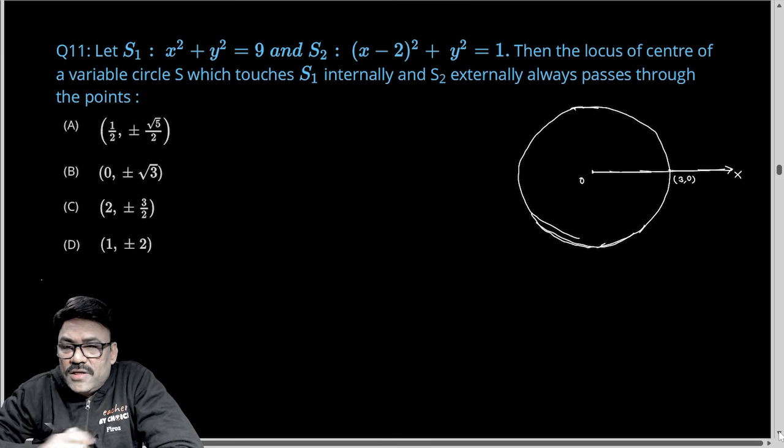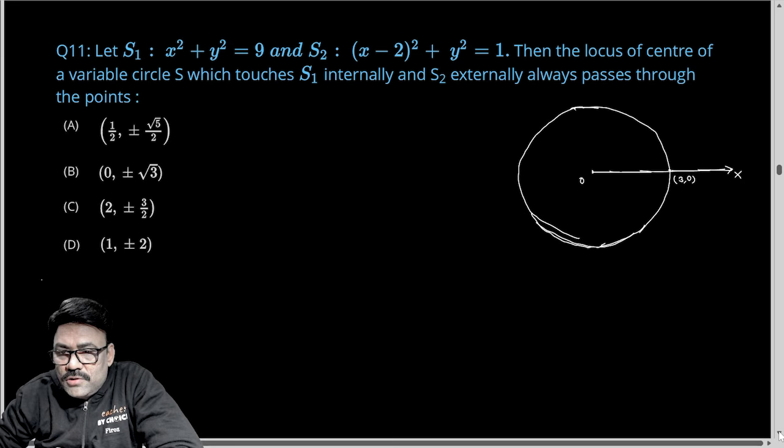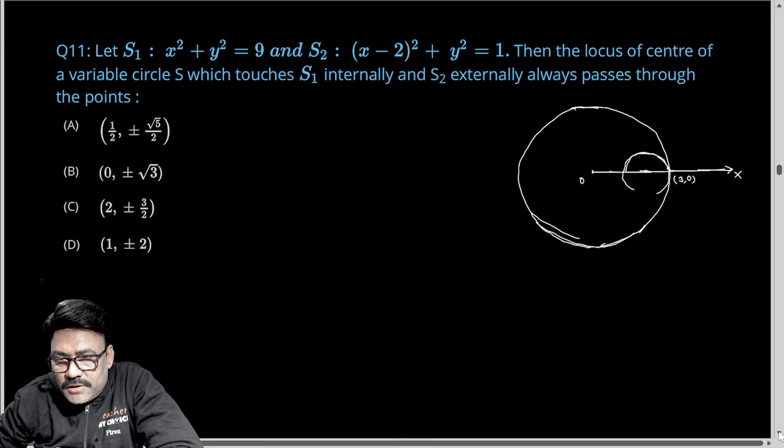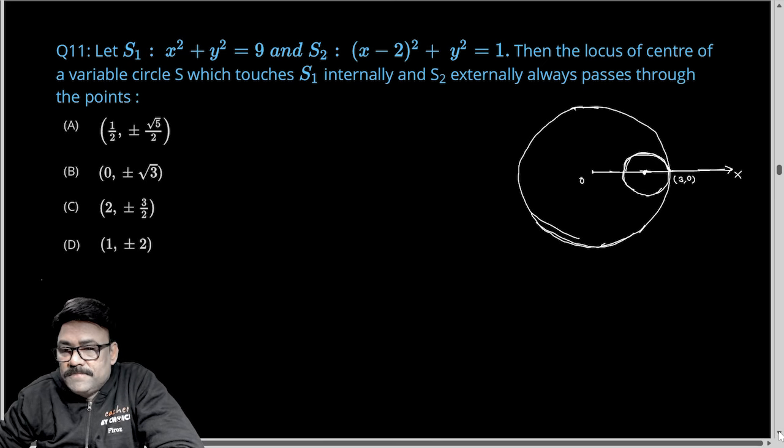And the second circle has center at 2, 0 here and radius 1. So this second circle will touch this circle internally. So you have a second circle here which touches this circle internally, like this. This is the second circle whose center is 2, 0 here, radius is 1.